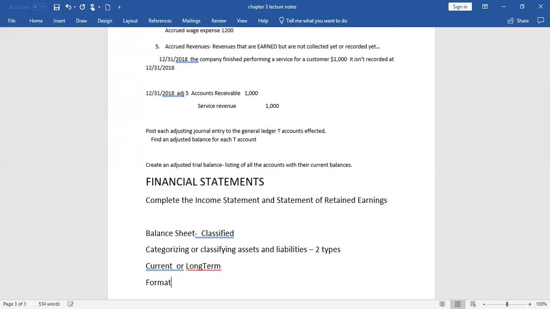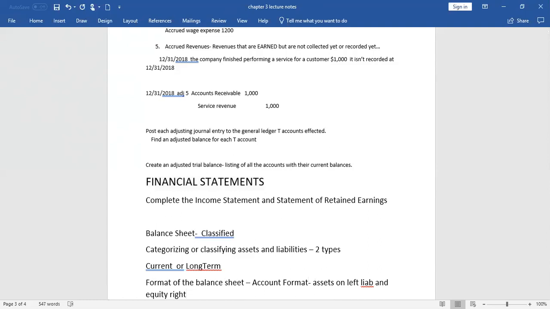The format of the balance sheet can also be done in one of two ways. When we say format, we just mean what it looks like, the template we use. What we have been using is called an account format. Assets on the left side, liabilities and equity on the right side.